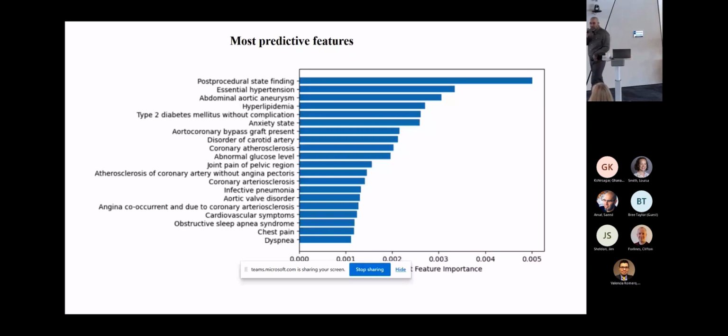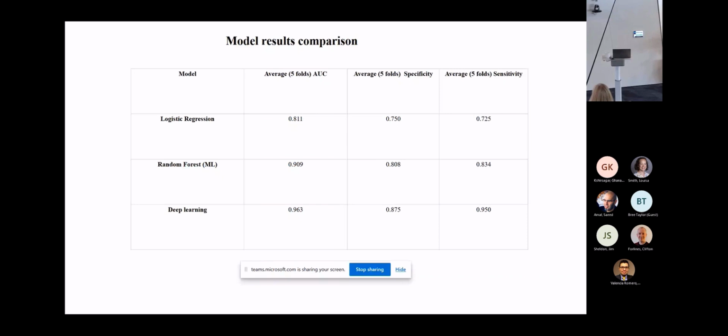So here we compare the performance of the models. We compared with metrics AUC, area under the curve, specificity and sensitivity, and we took like an average of the 5 folds. So for the logistic regression, the AUC was 0.811.